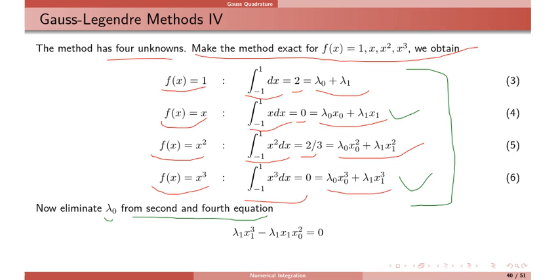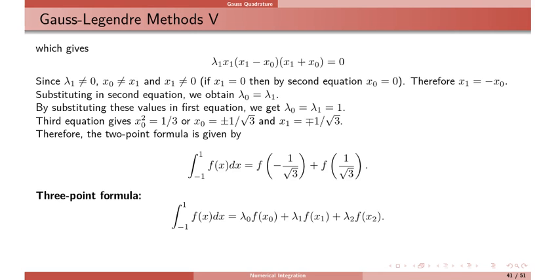To make simple coefficients, just multiply the 4th with x0 square and then subtract. So you got lambda 1 x1 cube minus lambda 1 x1 x0 square equal to 0. After factorization you got lambda 1 x1 multiplied by (x1 minus x0)(x1 plus x0).